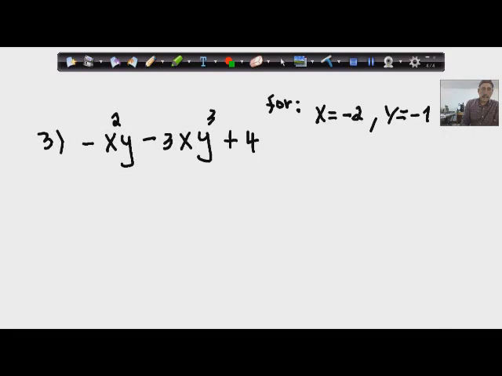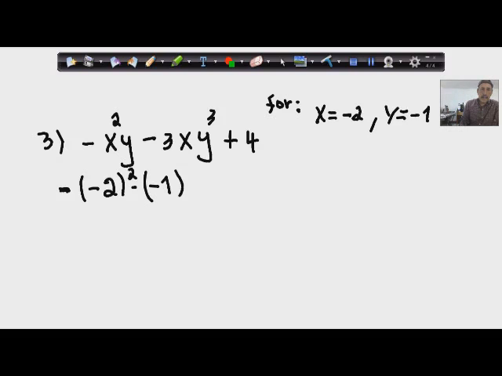We start, and be careful not to confuse this minus sign with the minus sign of x. So we avoid any errors by putting parentheses around the value of x times minus 1.